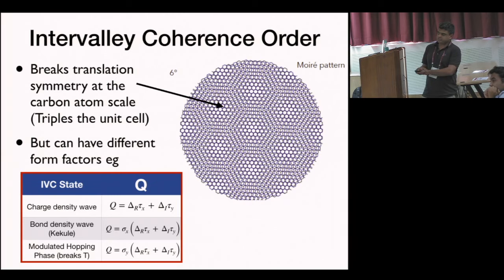There's a charge density wave which has this form, just scattering between the valleys, but you can also have these two where you essentially modulate the hopping in a way that has some finite period. So this sigma x times these taus, tau x and tau y tells you scatter between the valleys, and the sigma x tells you that you do that by changing the strength of hopping on the carbon atom sites spontaneously. It's like the Kekulé pattern.